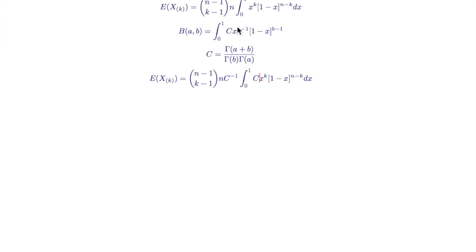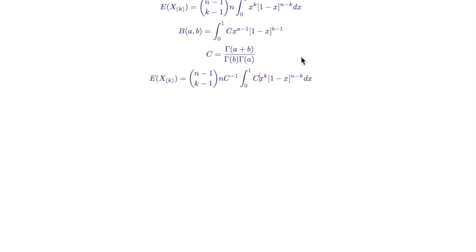Okay, so what can we do? Well, if we multiply this expression by C inverse, right? That's the same as multiplying by 1. Then we can pull C into this integrand and recognize this as a beta PDF given by right here.